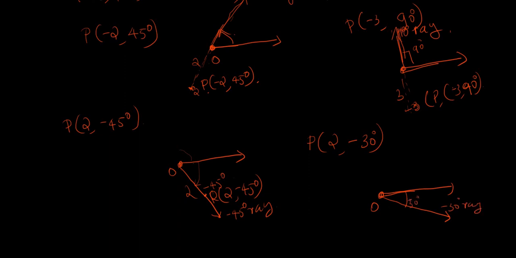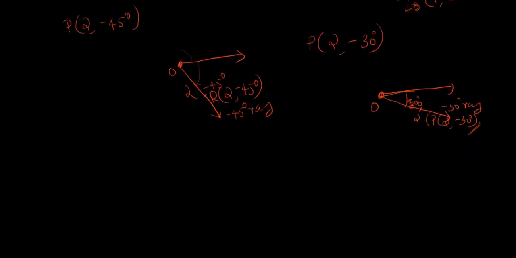Find the distance from the origin to this point. This is the point 2. And so this is P(2, -30°). This is a representation. Okay. We have to do a lot of problems on this also. Okay, one more problem.